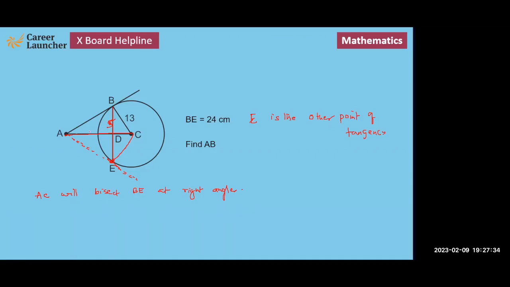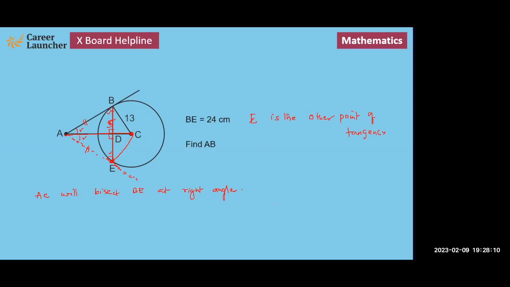We can prove this by considering the fact that these two are equal, right? So this angle will be equal to this angle. So which implies this angle will also be equal to this angle. तो ये दोनों angle same होना चाहिए, which means for that to happen, this has to be perpendicular to it. So if I find that the line AC is perpendicular to BE, right? A perpendicular line passing through the center of the circle will necessarily bisect the chord. So BE will be bisected.